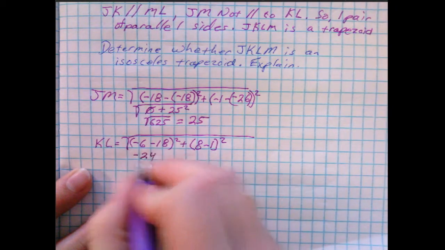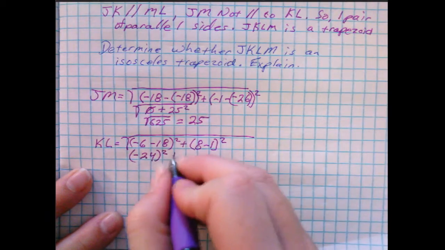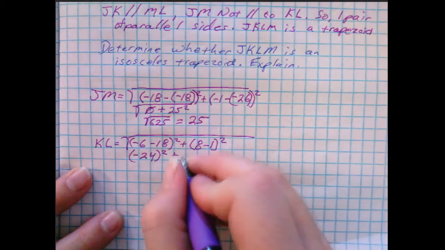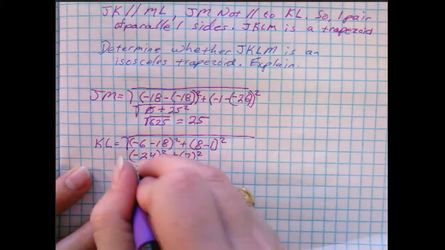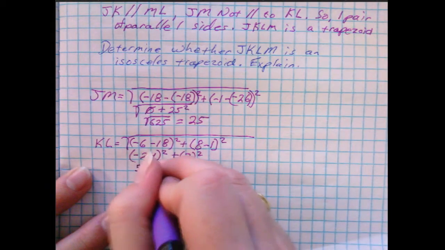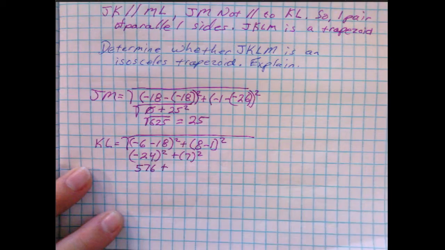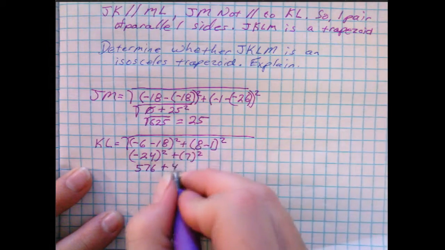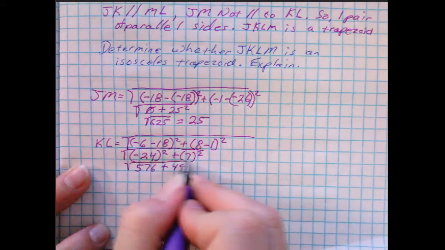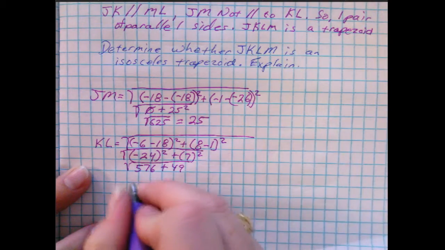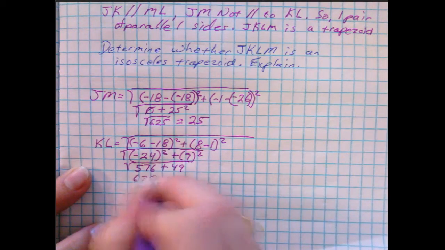For KL, we're going to be taking negative 6 minus 18, so we should have negative 24 squared, plus 8 minus 1 is 7 squared. So we have 576 plus 7 squared, which is 49. So we end up with 625.